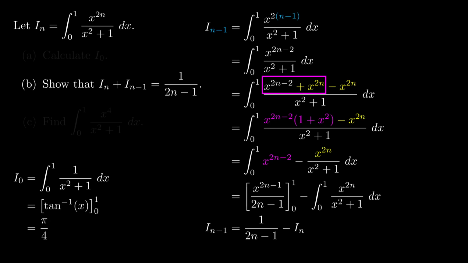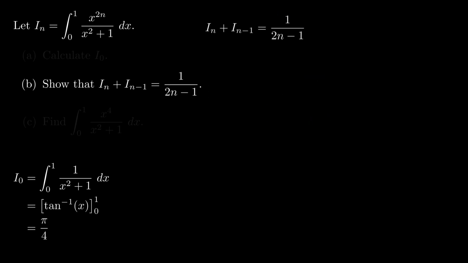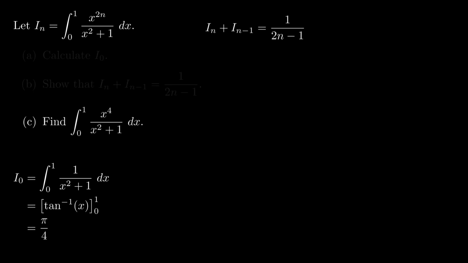And that is exactly the thing we were looking for in part B if you just shove the I_n to the left. Okay, and so that's what we've got from doing that. In practice, though, we might actually use it as I_n equals 1 over 2n minus 1 minus I_{n-1}, though.